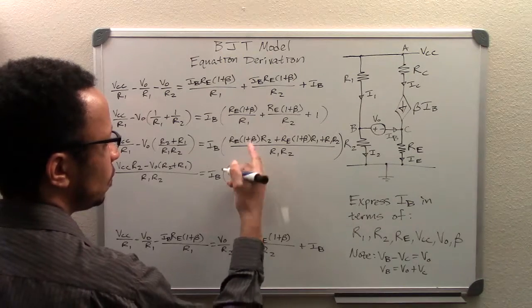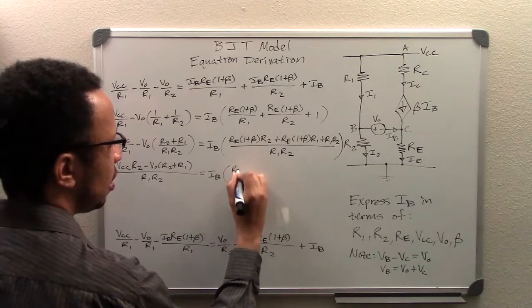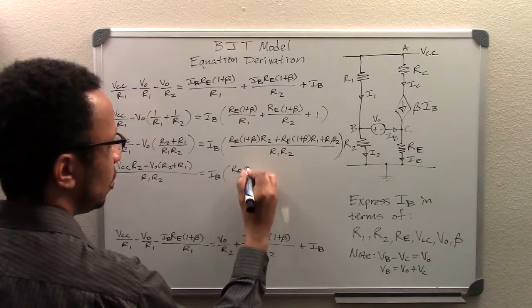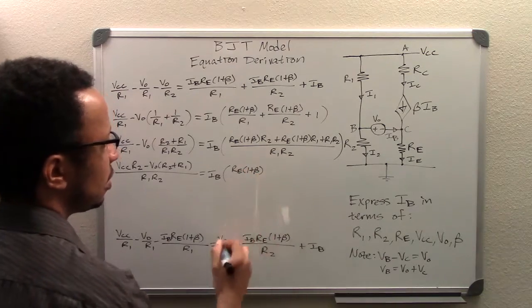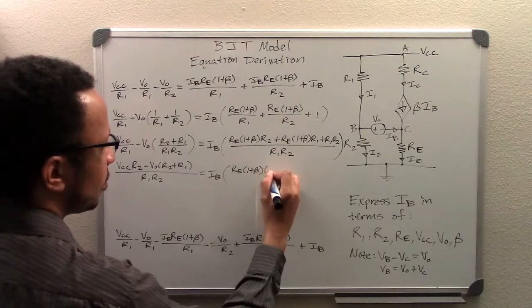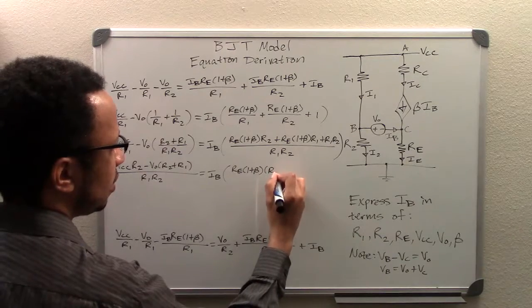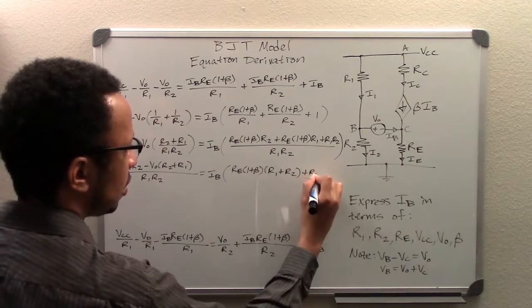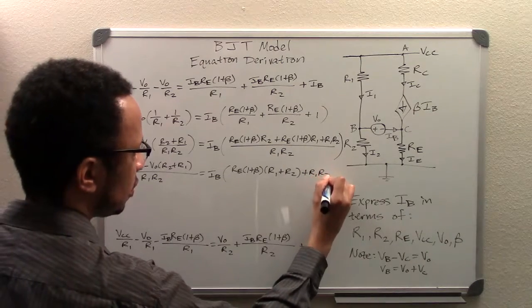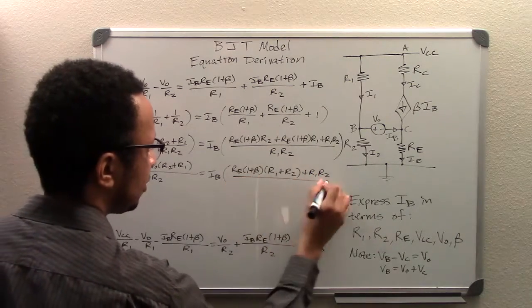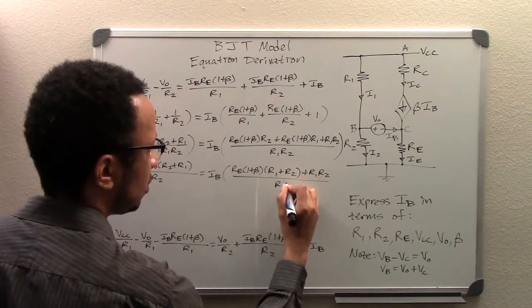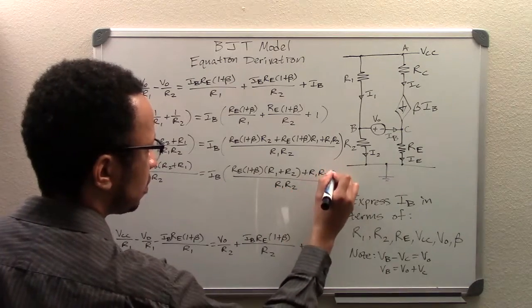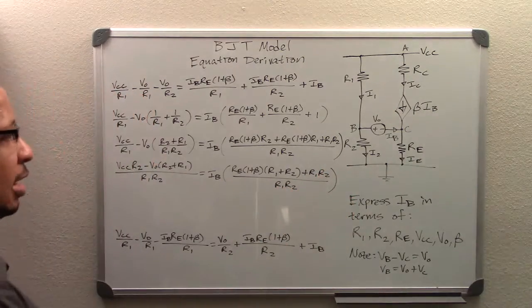So we now have RE (1 plus beta) times R1 plus R2 plus R1 R2, and that's divided by R1 R2, and so we have that now.